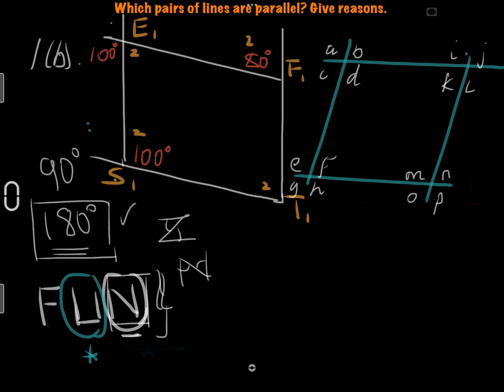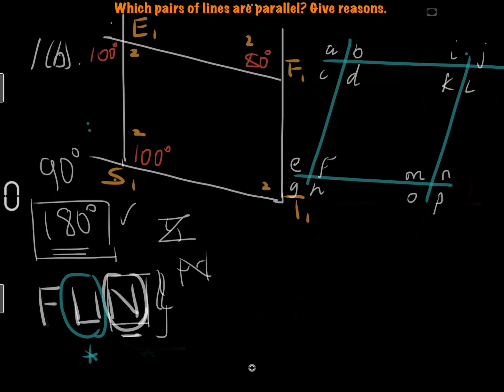Since it passed that criteria, we could deduce on the basis of those results that the lines were parallel. So now we're looking at the second example.